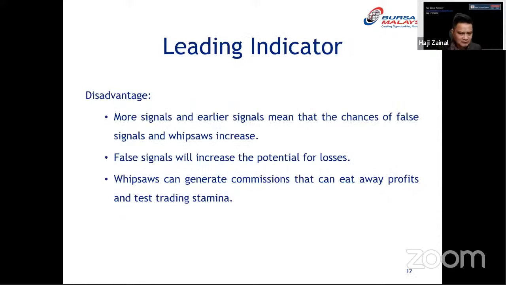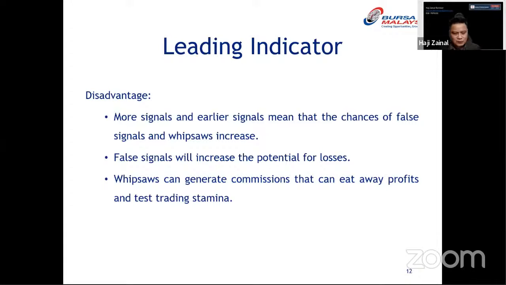Okay. So these are the disadvantages of the leading indicator. The advantage is more and earlier signals, which means the chances of false signals and whipsaw increase. As I said earlier, they can be misleading, which means they don't really give you the true picture.